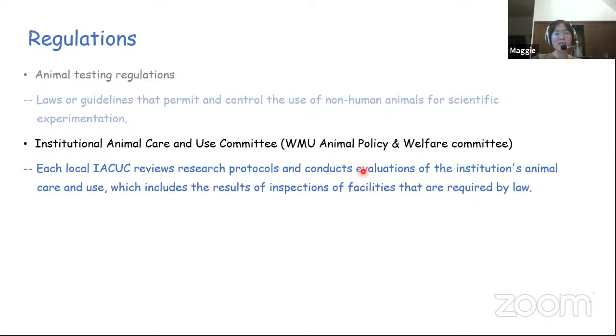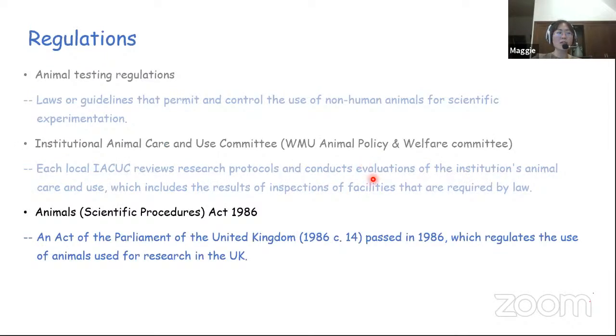regulations in each institute. And also, if you try to publish your data overseas, for example, in UK journals, then for the animal use, you need to make sure that all these protocols comply with the Animal Act 1986 in the UK.